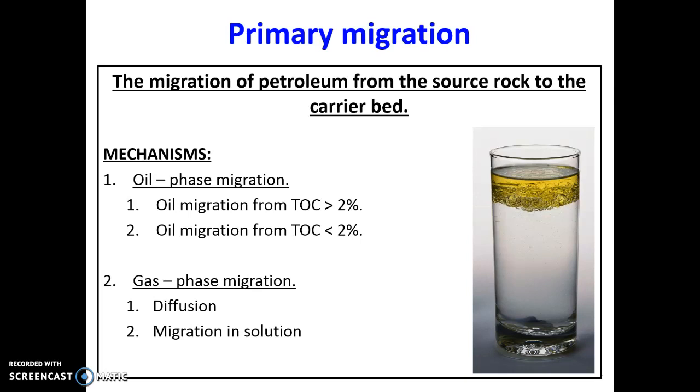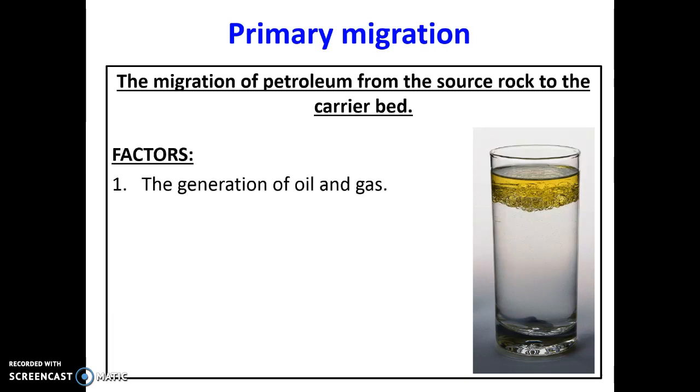Okay. So the primary migration also has several factors that can control the migration, or the expulsion of oil from the source rock. The first factor that controls the primary migration is the generation of oil and gas.